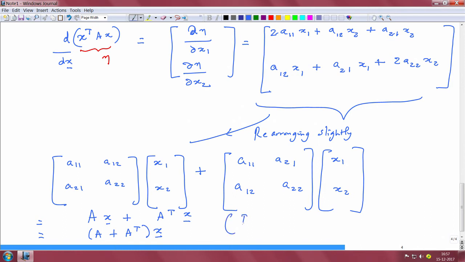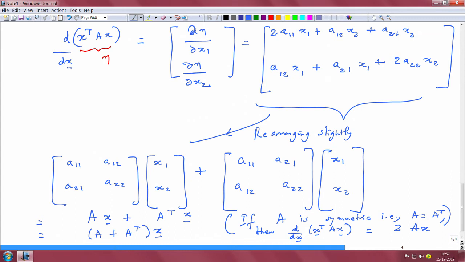So if A is symmetric, that is A equals A transpose, right, then the derivative of x transpose Ax with respect to x is going to be 2 times A times x. So I think it's a standard result.